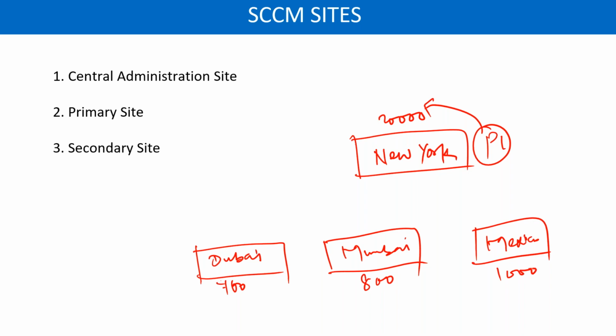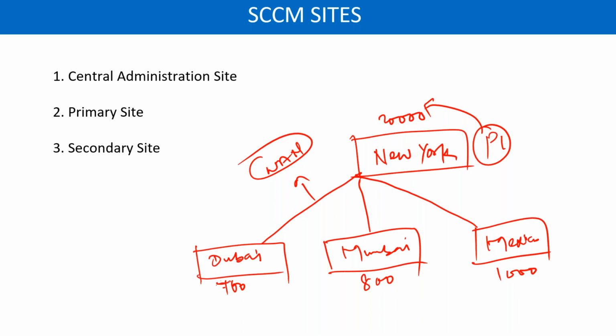Now these locations are connected to New York on a WAN, a wide area network. You have purchased an MPLS line from a network service provider, and taken a leased line from New York to Dubai, Mumbai, and Mexico.